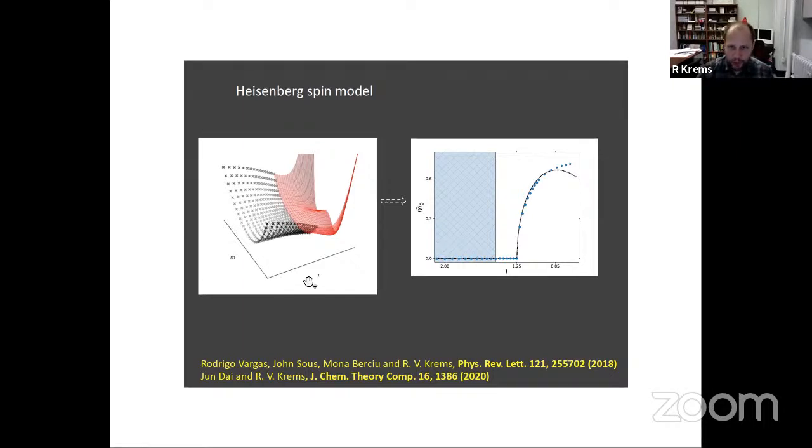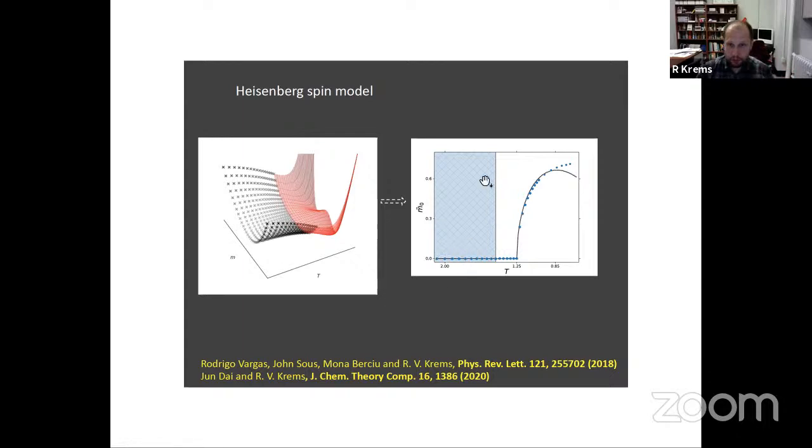So we wanted to see if one could build a model in one of the phases and then predict the location of this critical point here, the phase transition, as well as the magnetization in the other phase. And this is what we did. We trained the model by the free energy of the system.